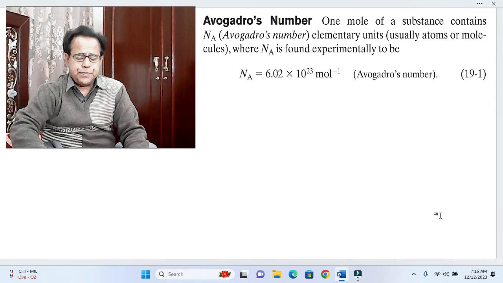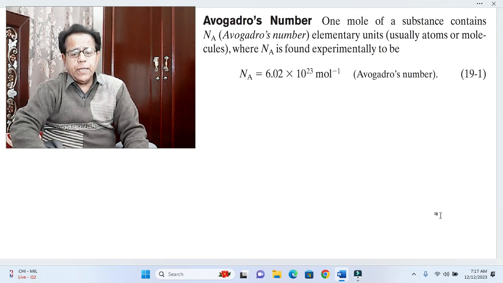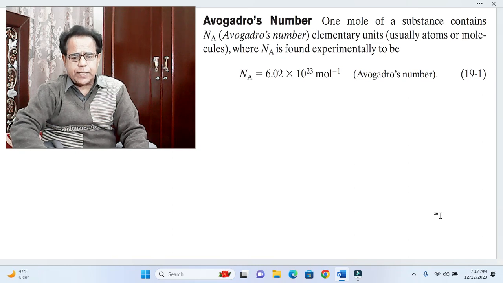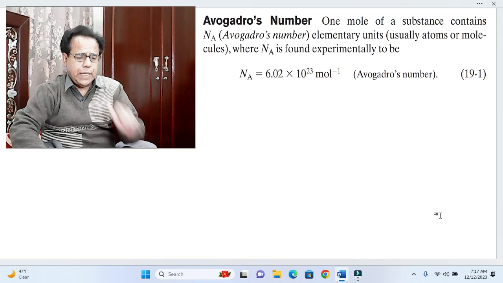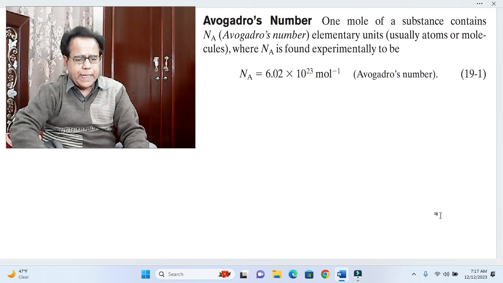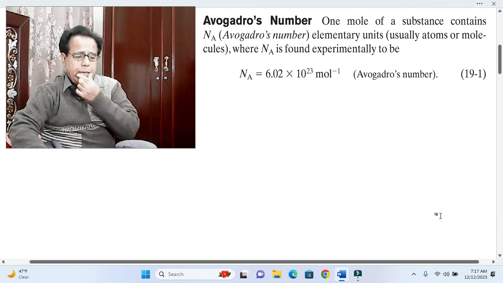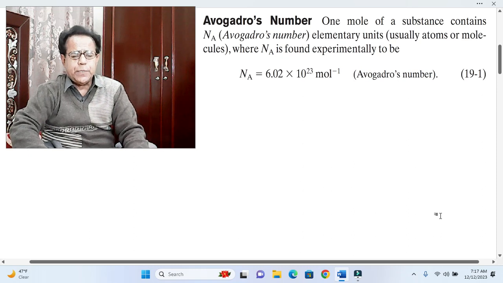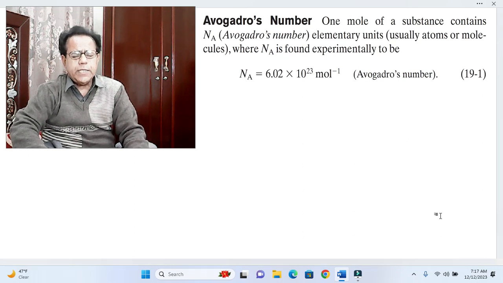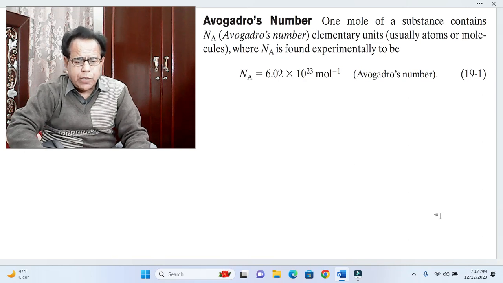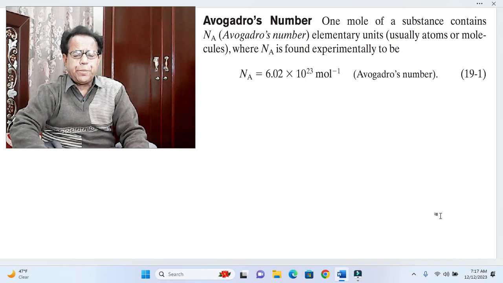It is found experimentally to be N_A equal to 6.02 times 10 to the power 23 per mole.